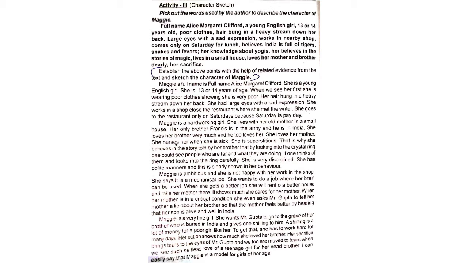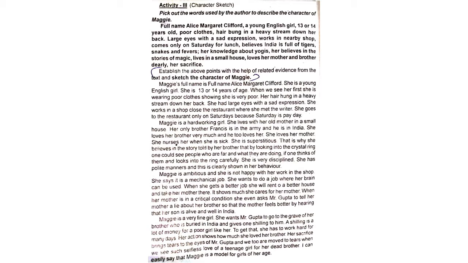Her hair hung in a heavy stream down her back. She had large eyes with a sad expression. She works in a shop close to the restaurant where she meets the writer. She goes to the restaurant only on Saturdays because Saturday is payday.